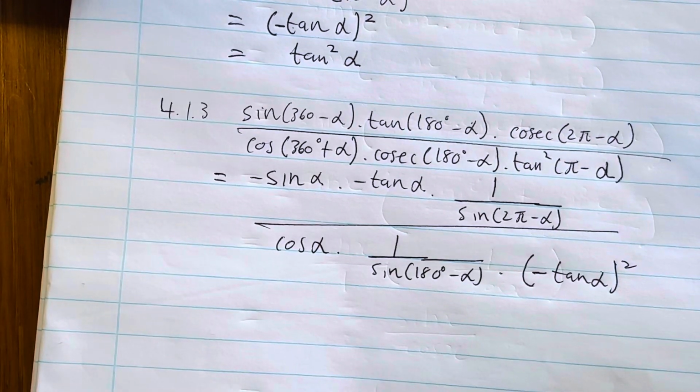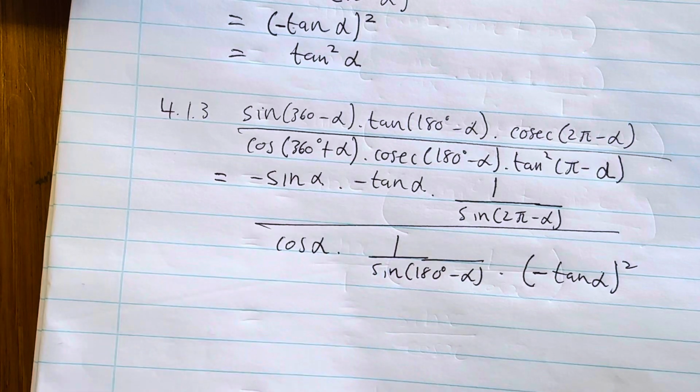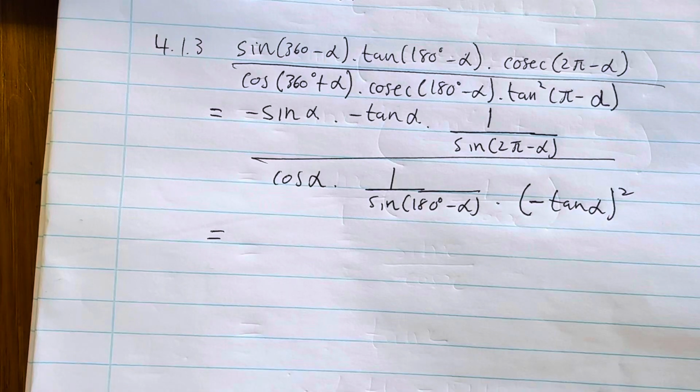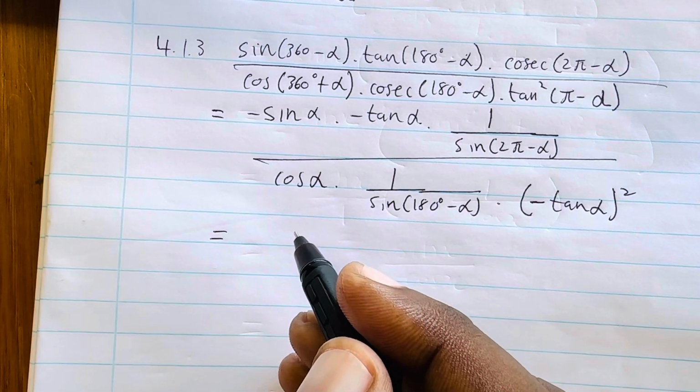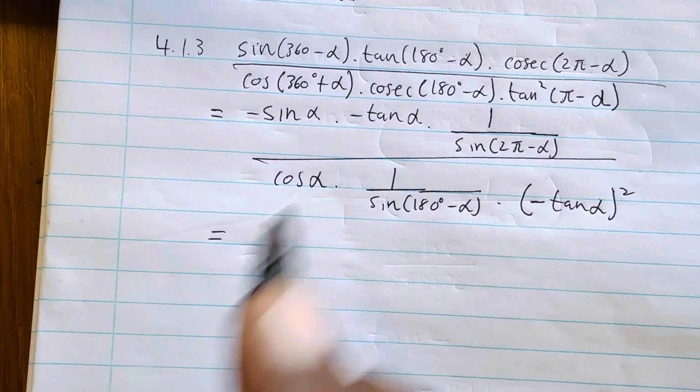Nice. So negative multiplied by negative will be positive. So you might as well leave tan as it is.